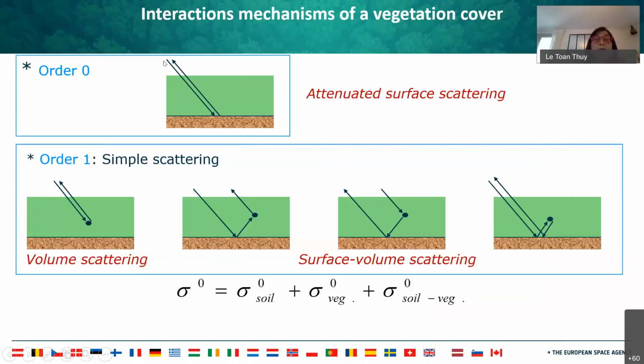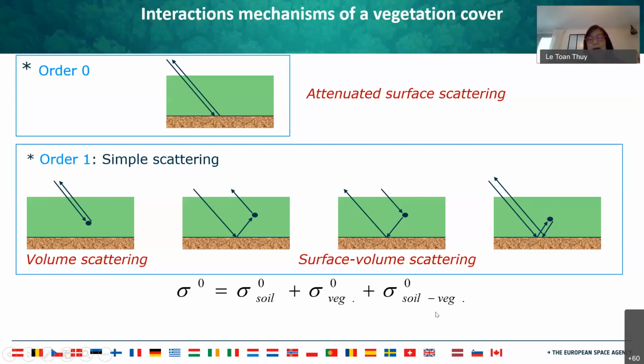Here, the order 0, you go to the attenuated surface scattering, and then simple scattering here, go to this one, go back, volume scattering, and you can have here the multiple surface-volume, volume-surface, or multiple surface-volume-surface, etc. Usually we approximate by something simple: sigma 0 from the radar equals sigma 0 from soil, vegetation, plus the multiple interaction.